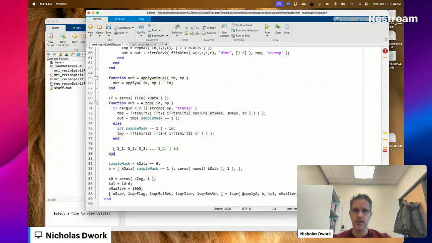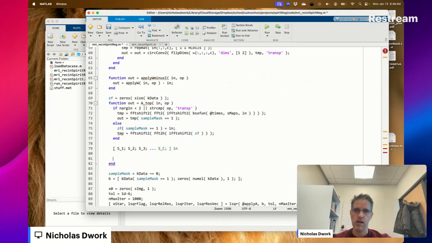That's what that is. And so this is a block column matrix. That means its adjoint is S1, S2, S3, SC, conjugated. That's the adjoint operation.